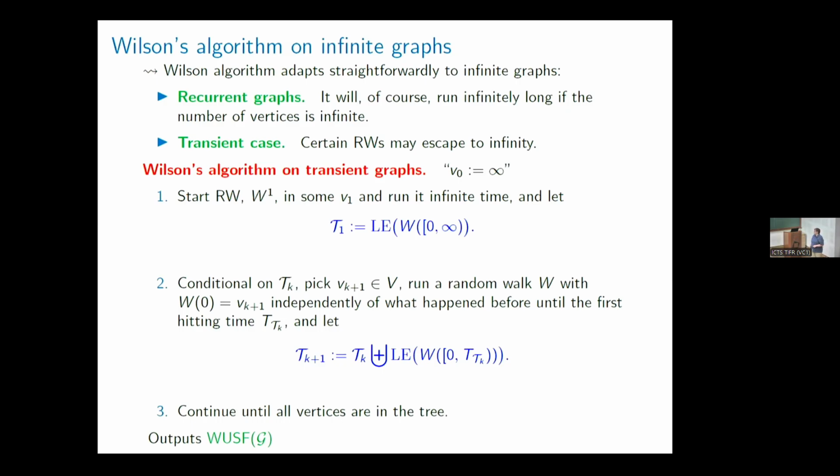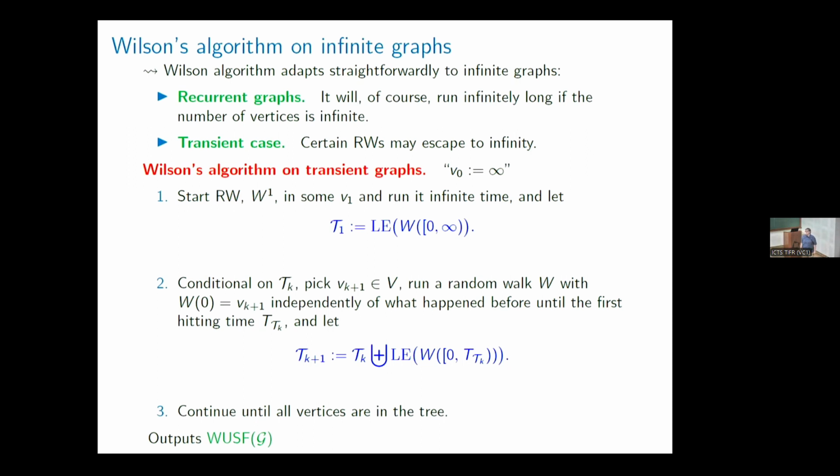And this is that we're taking now the root, I think about V0 as the root, to be infinity. It's not clear what infinity is, but it's somewhere, something you need infinite time to reach. And then what you do, you start your random walk as before in some vertex V1, and you run it now until it hits infinity. And as I said, it's infinitely far apart, you need infinite time to hit it.